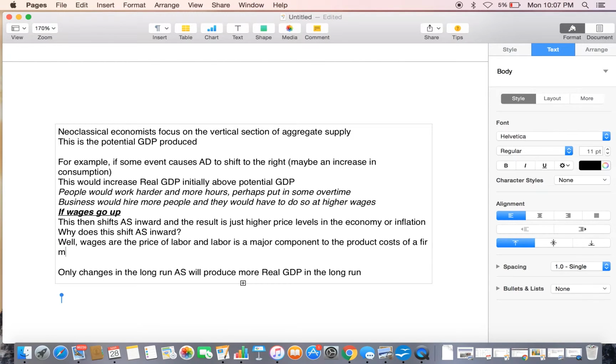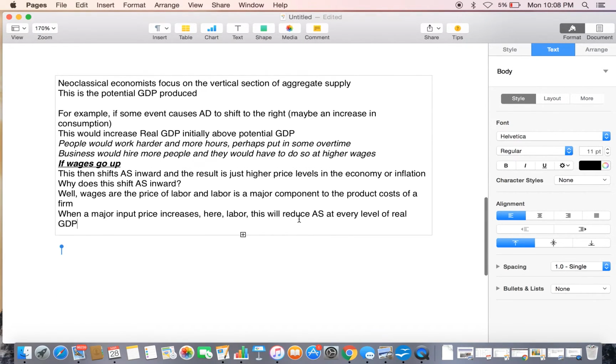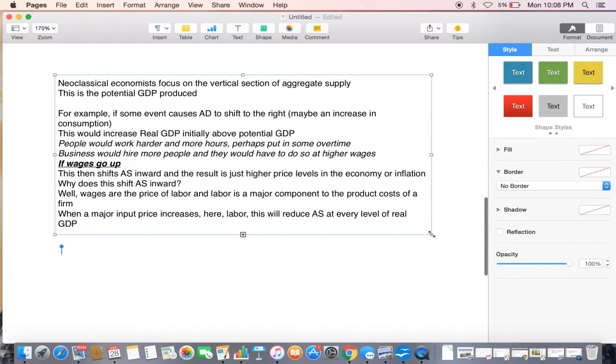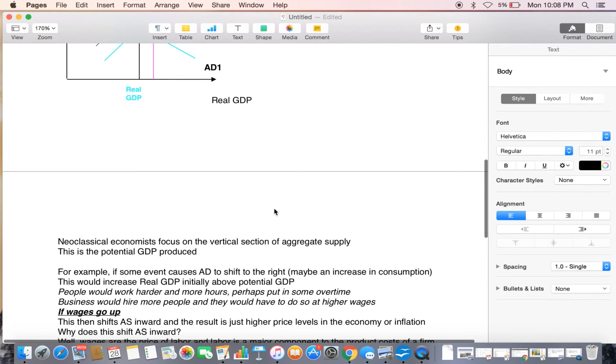So therefore, when a major input price increases, it could be the price of raw materials, but here it's the price of labor, this will reduce aggregate supply at every level of real GDP.